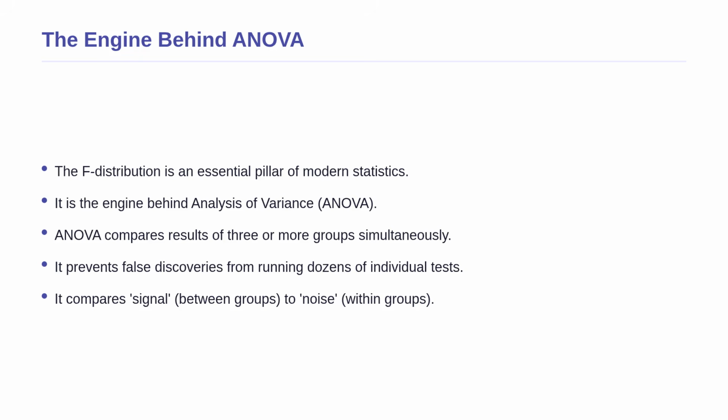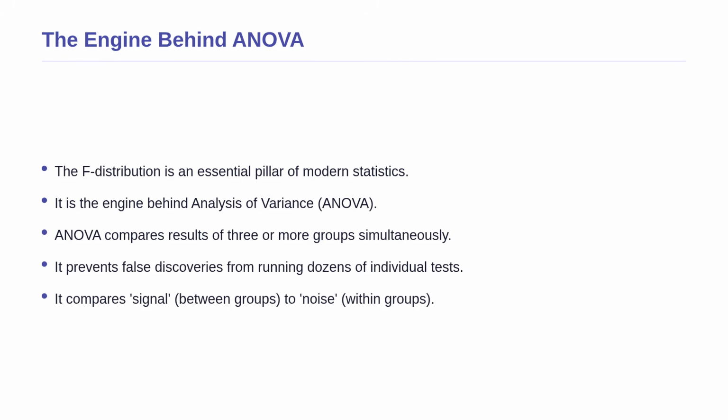So, we have proven that the F distribution connects deeply to other statistical tools. This brings us to its most powerful application, ANOVA, which stands for Analysis of Variance. Whenever scientists or medical researchers need to compare the results of 3 or more different groups at the same time, like testing 3 different blood pressure medications, they use ANOVA.